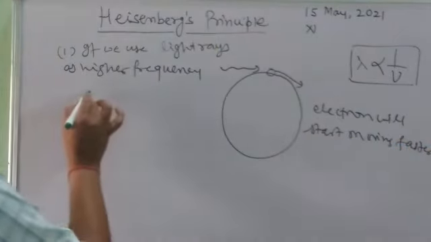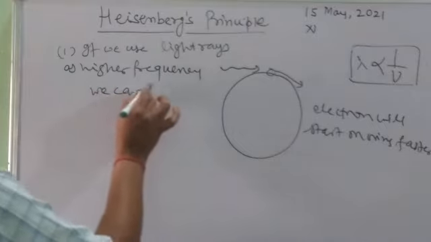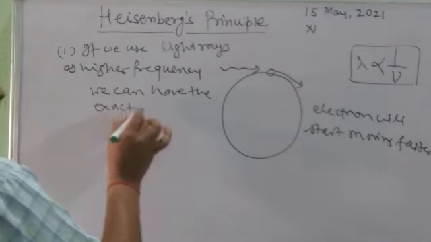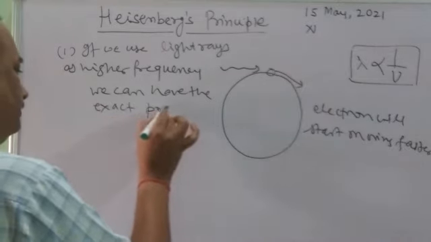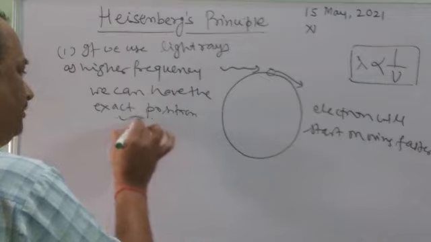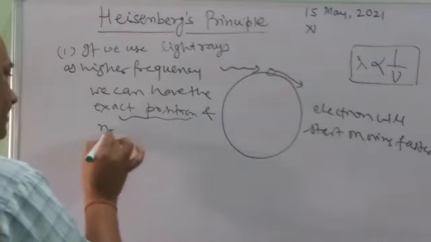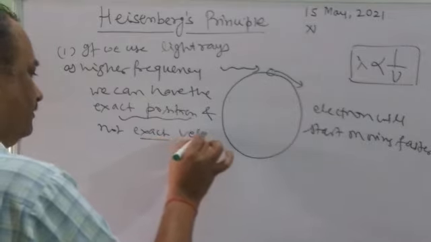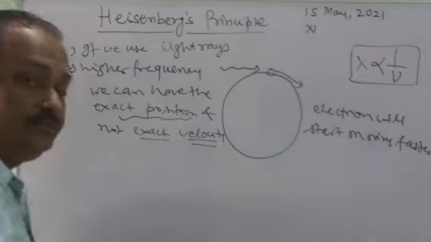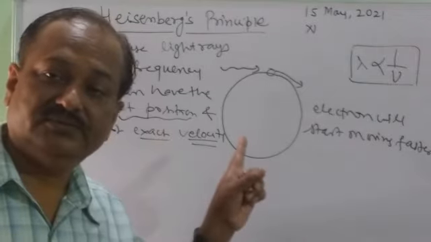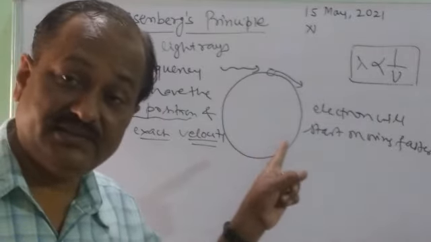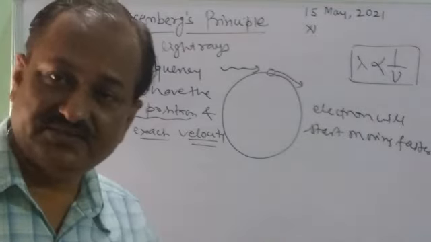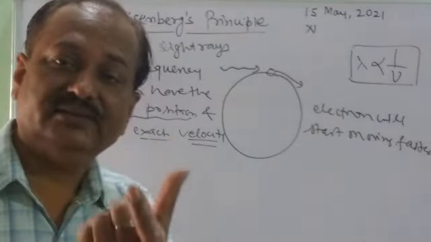So in this condition, we can have the exact position and not the exact velocity. This is the point. When you use light radiation of high frequency, with more energy, it will displace the electron. So the velocity will be changed. We can have only the exact position.